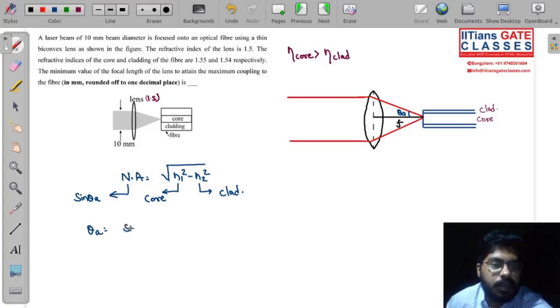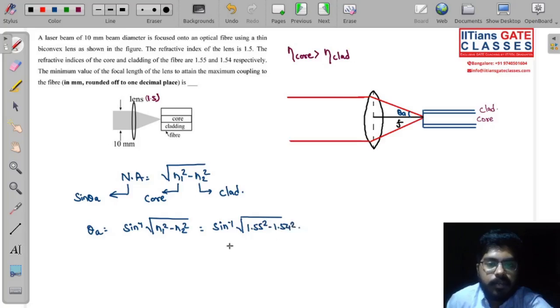Theta a is sine inverse of the square root of n1 square minus n2 square. So if I solve this, it is sine inverse of the square root of 1.55 square minus 1.54 square.